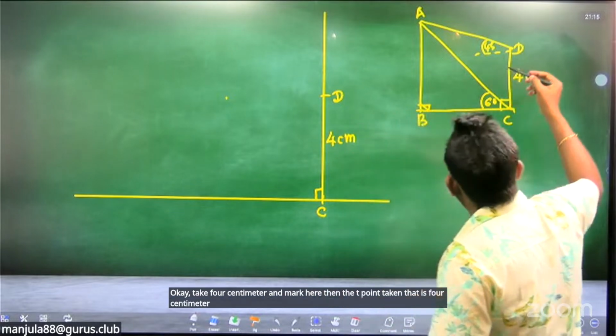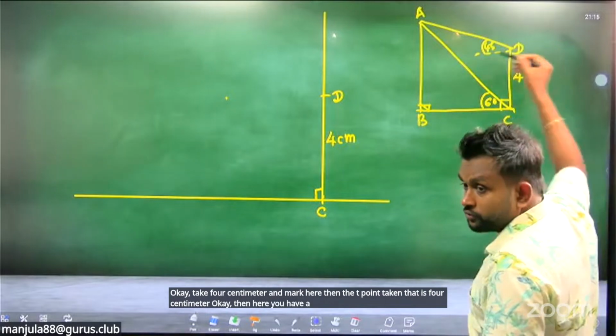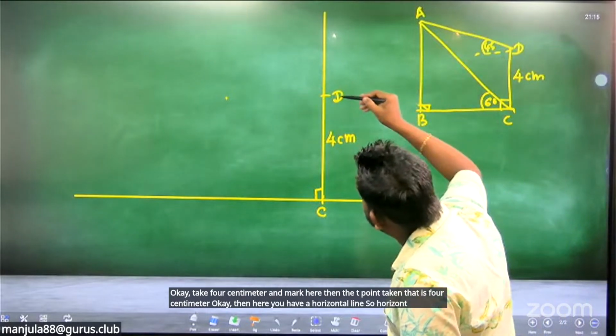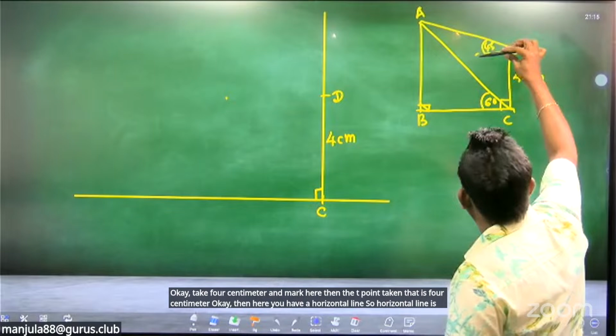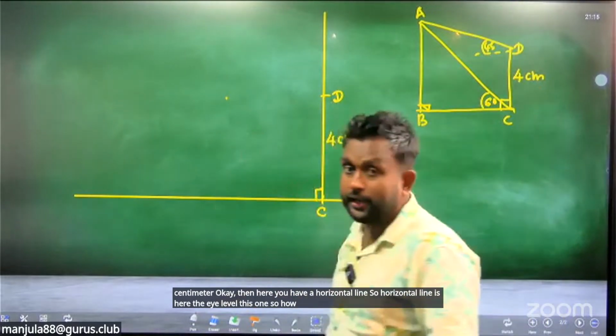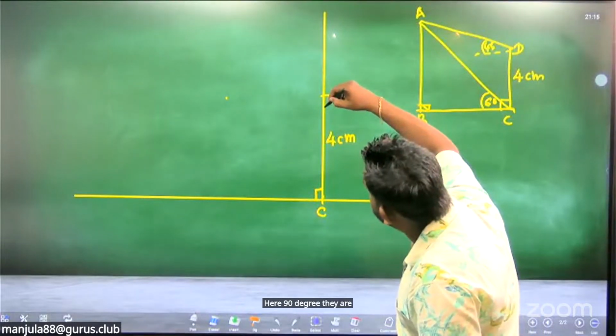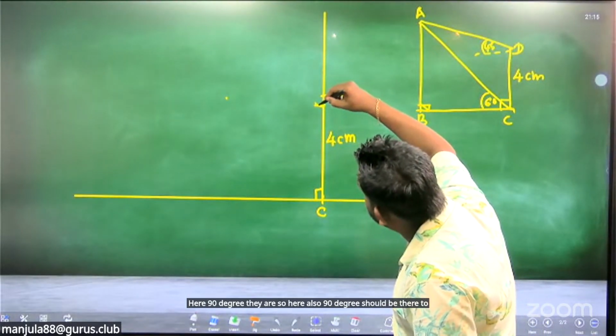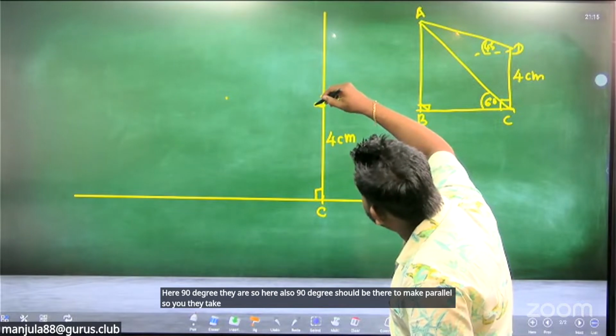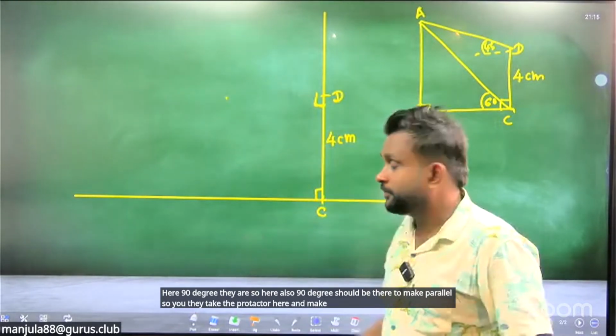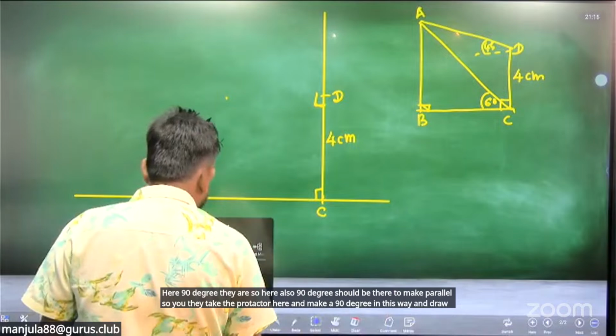Then here you have a horizontal line, which is the eye level. So how to make a horizontal line? Here there is 90 degrees, so here also 90 degrees should be there to make it parallel. So you take the protractor here, make 90 degrees in this way and draw the horizontal line.